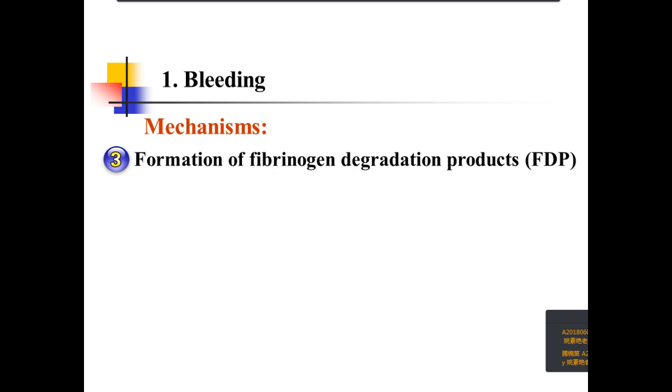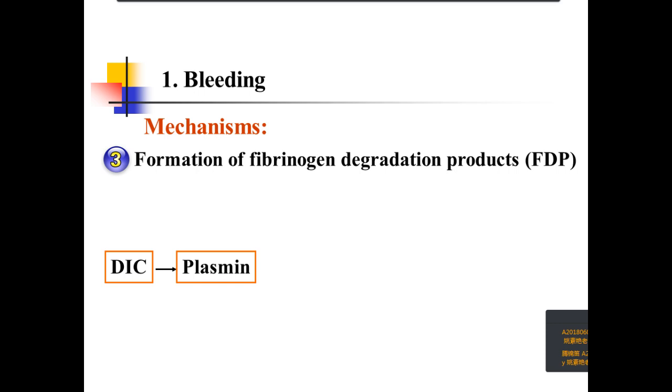Now, form FDP. What is FDP? Fibrinogen degradation product. Now, during DIC, the fibrinolytic system is secondarily activated. What is secondary fibrinolytic activity?